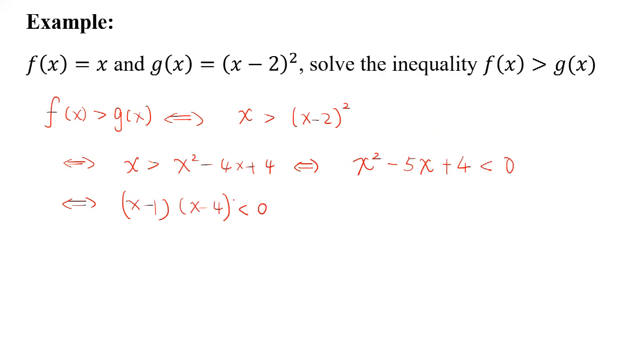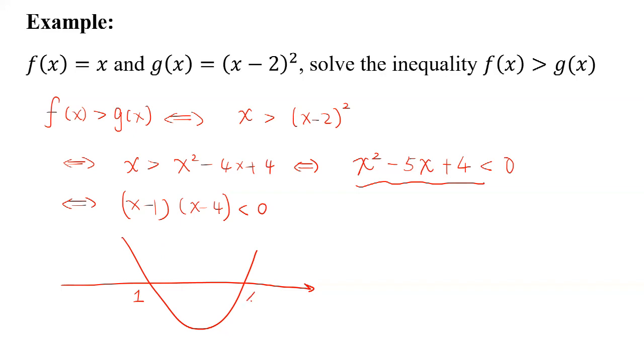And note that this is actually a quadratic function, which has a sketch of graph like this, right? There are two zeros. One of them is 1, the other one is 4. So the interval that makes the function less than 0 is x must be greater than 1 and less than 4, right? So this is the solution we are looking for. Okay, any questions?